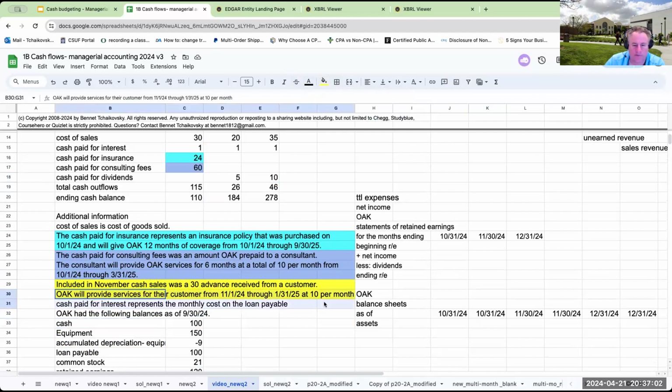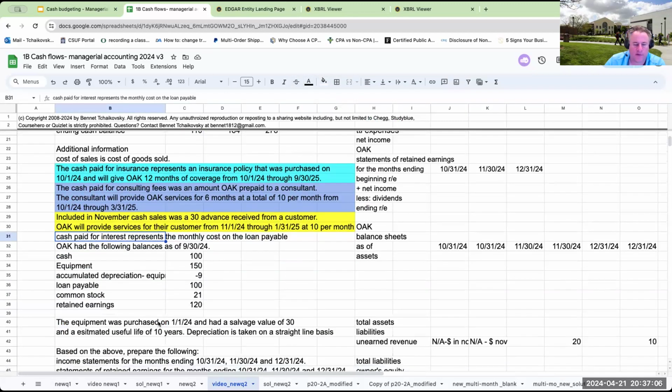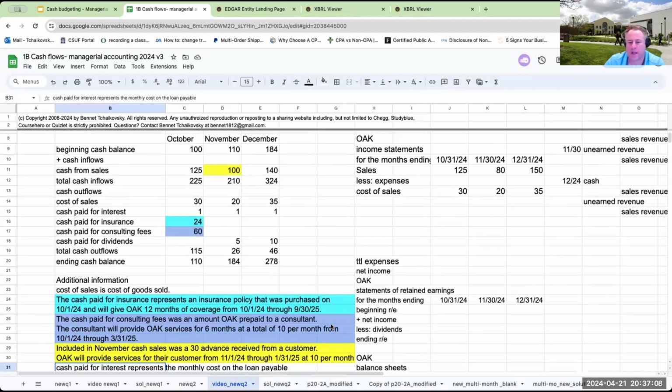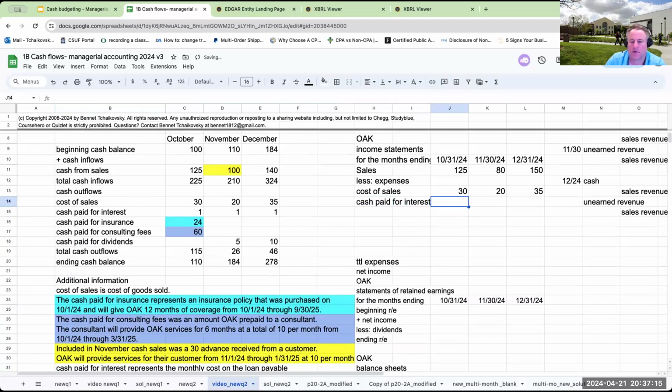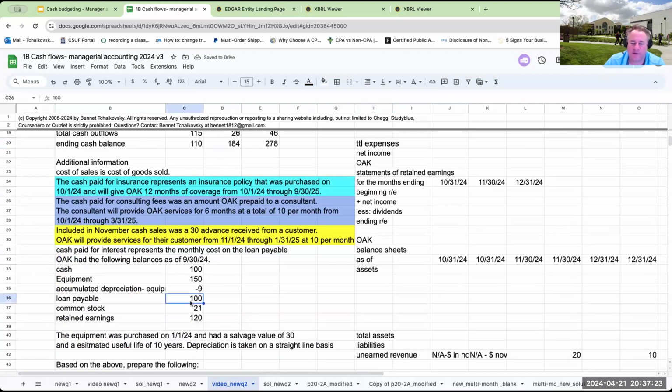Okay, so over here, and then we have these two different amounts. So let's keep going. So we have cost of sales over here, cash paid for interest. Okay, so we don't call this cash paid for interest. We're going to call this interest expense. How do I know that this is correct? Well, over here, cash paid for interest represents a monthly cost on the loan payable.